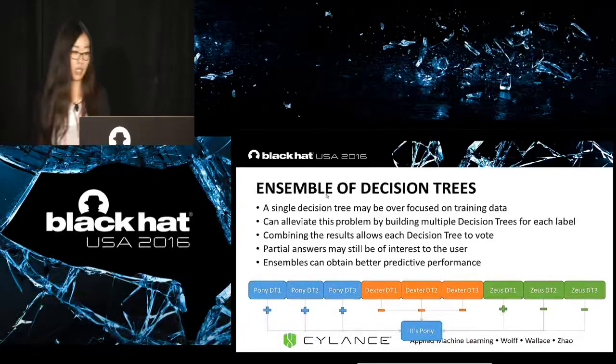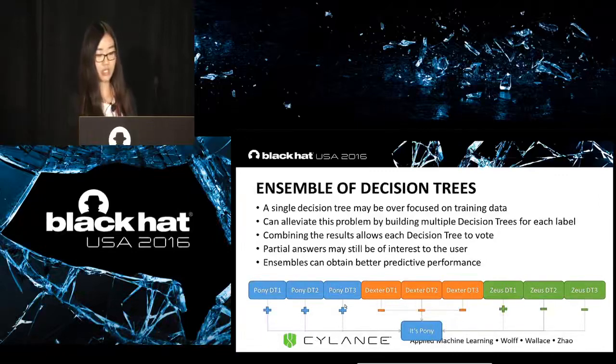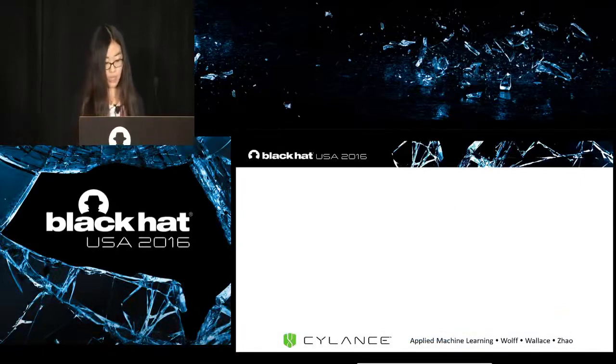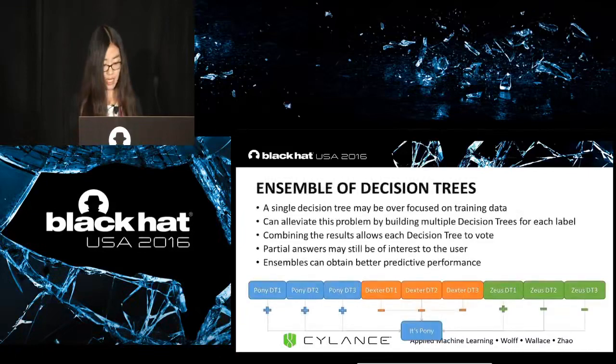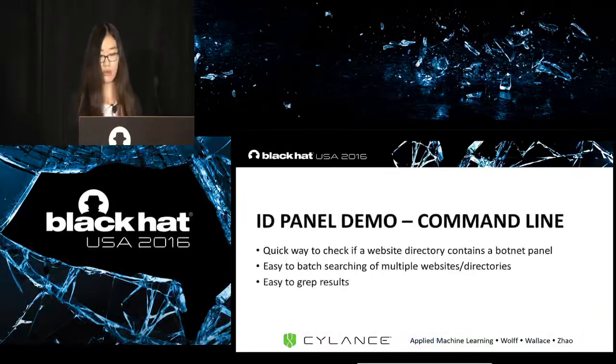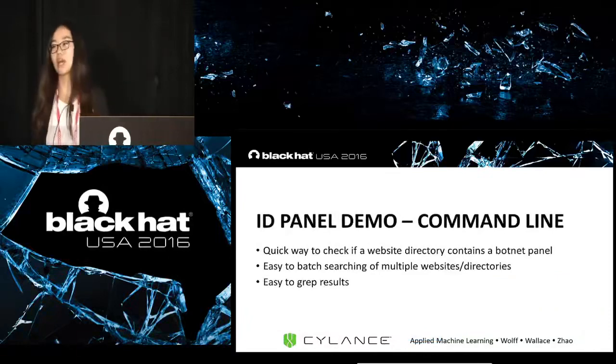For example, here we have 3 trees training for Pony, 3 trees training for whether it's a Dexter or not, and 3 trees training for Zeus. Then we collect all the votes, and we can see that Pony got 3 votes, Dexter got 0 votes, Zeus got 1 vote. Then we can decide that this sample is actually a Pony. So this is how we make decisions based on the ensemble of decision trees.